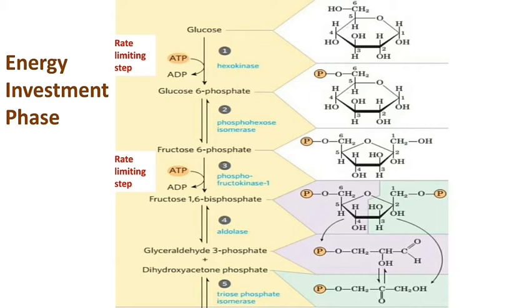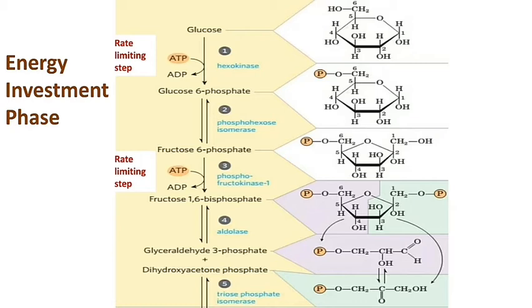Now in the fourth step the fructose 1,6-bisphosphate molecule is converted to 1 molecule of glyceraldehyde 3-phosphate and 1 molecule of dihydroxyacetone phosphate. Here the enzyme aldolase takes part. This step is also a very vital step, as there is conversion of a 6 carbon compound, the glucose molecule, to two 3 carbon compounds, that is glyceraldehyde 3-phosphate and dihydroxyacetone phosphate.